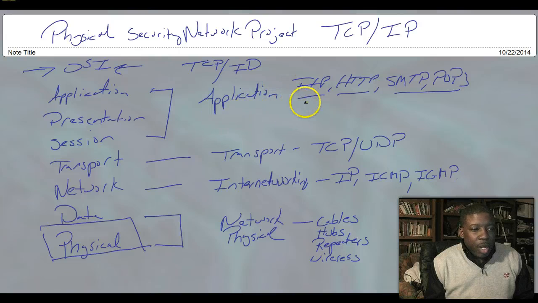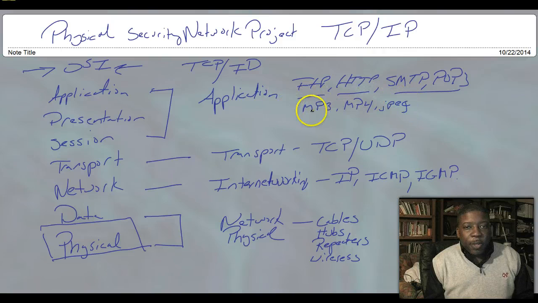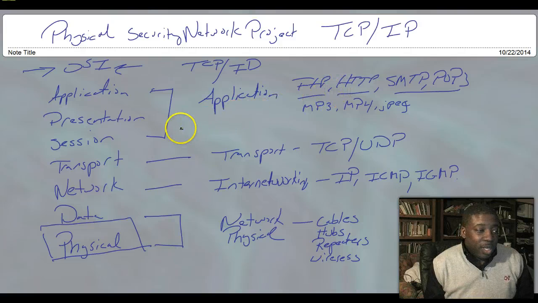Also, in this realm are your formats such as MP3 or MP4 if it's a video, JPEGs. So this is where you determine your format, and when your format goes from one system to the other system. And your session is basically your handshake from computer A to computer B.